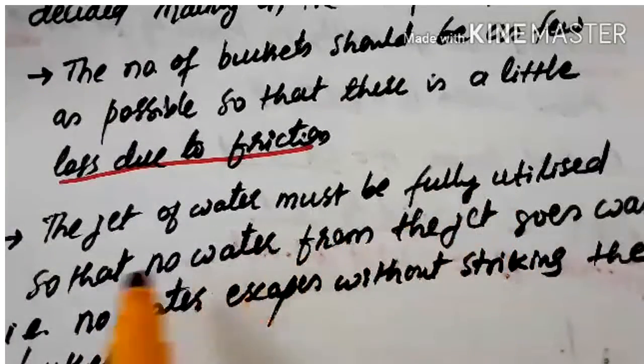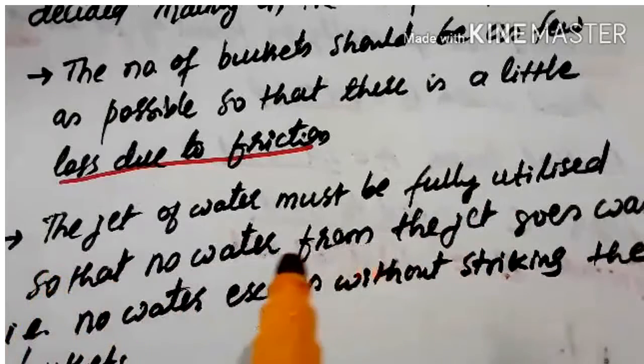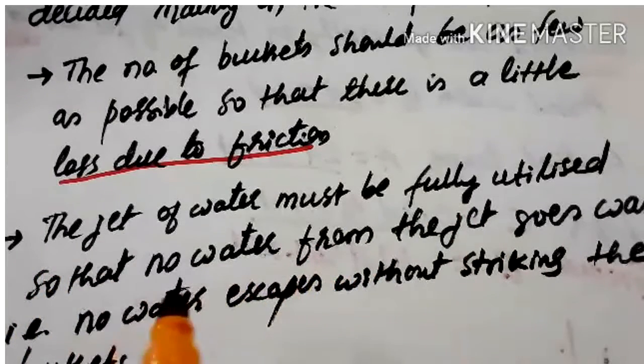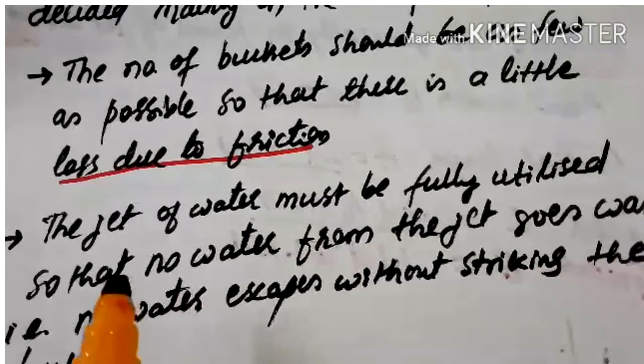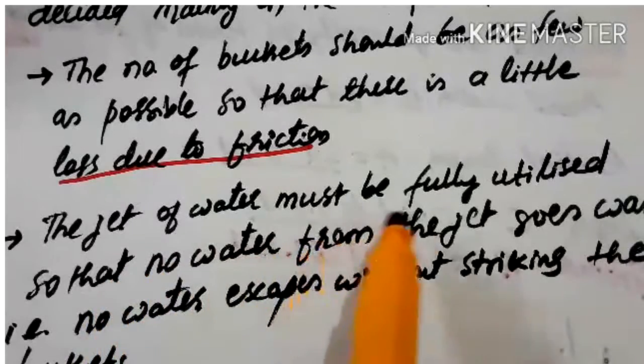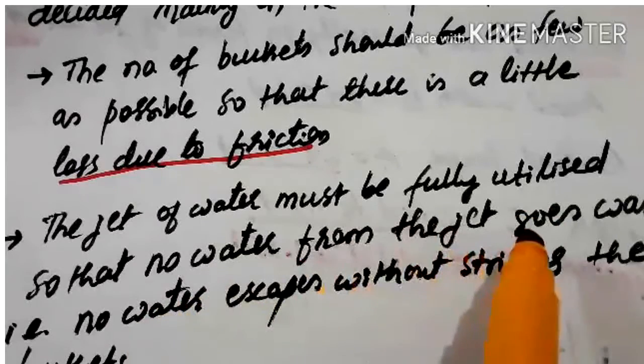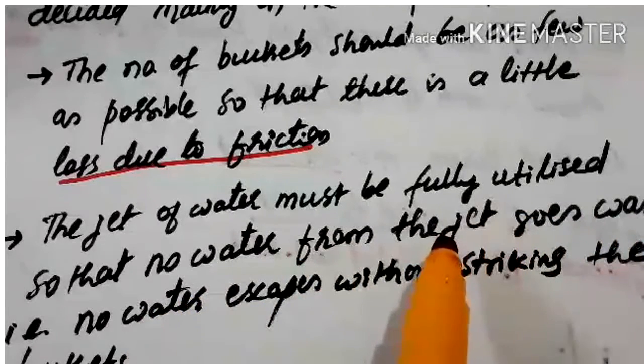Whatever jet comes and hits the buckets of the Pelton wheel should be completely utilized by the buckets provided on the wheel, so that no water from the jet goes waste.